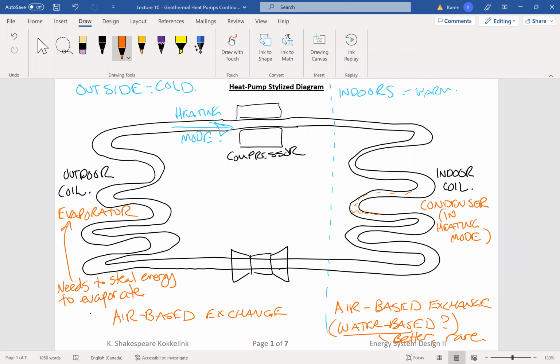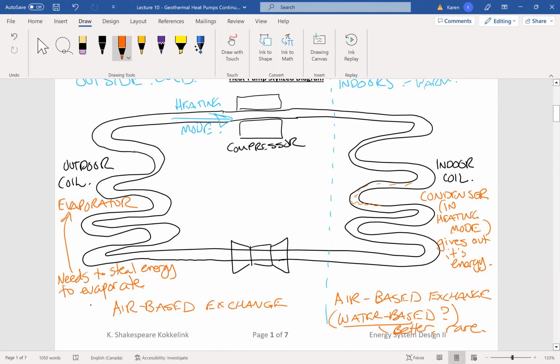This is a condenser, it gives out its energy, right? It loses that high temperature and that heat energy, and it's actually going to start condensing. Whereas on this side, in order to evaporate, it needs to steal a lot of energy. So it needs to get hotter in order for it to evaporate.